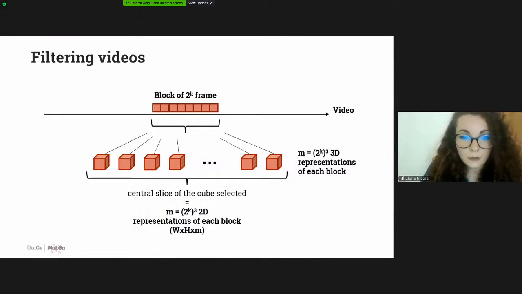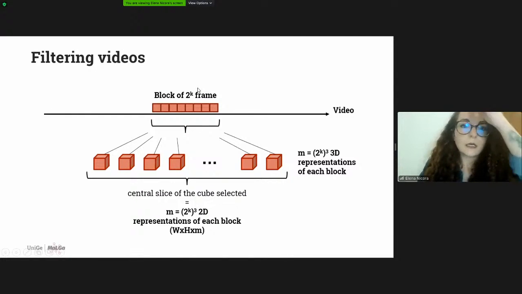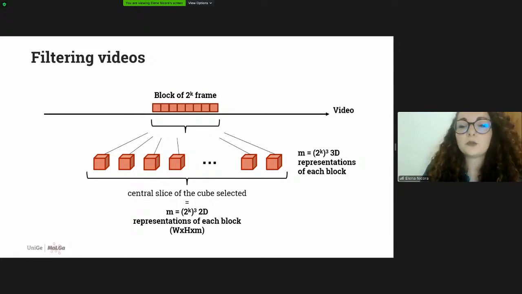Now I will show you how we decided to apply this 3D filtering scheme on videos. Since we have cubes that are related to the number of levels in the tree, and the dimension is 2 to the power of k, we wanted to use the same dimension for blocks of frames in a video.